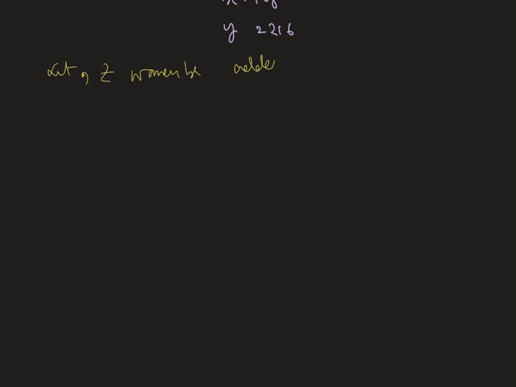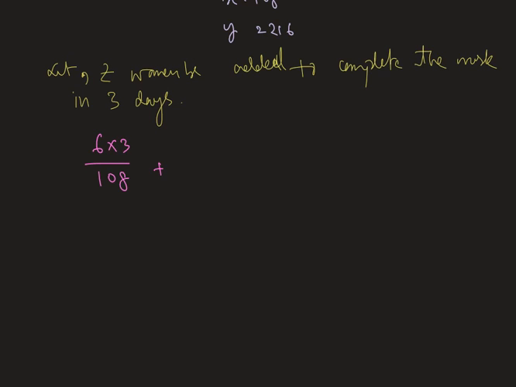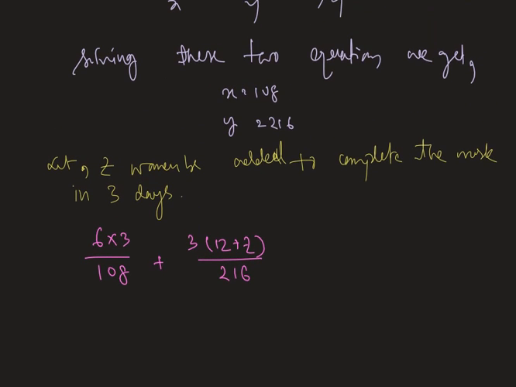Therefore, we can say that 6 into 3 divided by 108 plus 3 into 12 plus Z divided by 216, as we already have the values of X and Y, is equal to the remaining work.